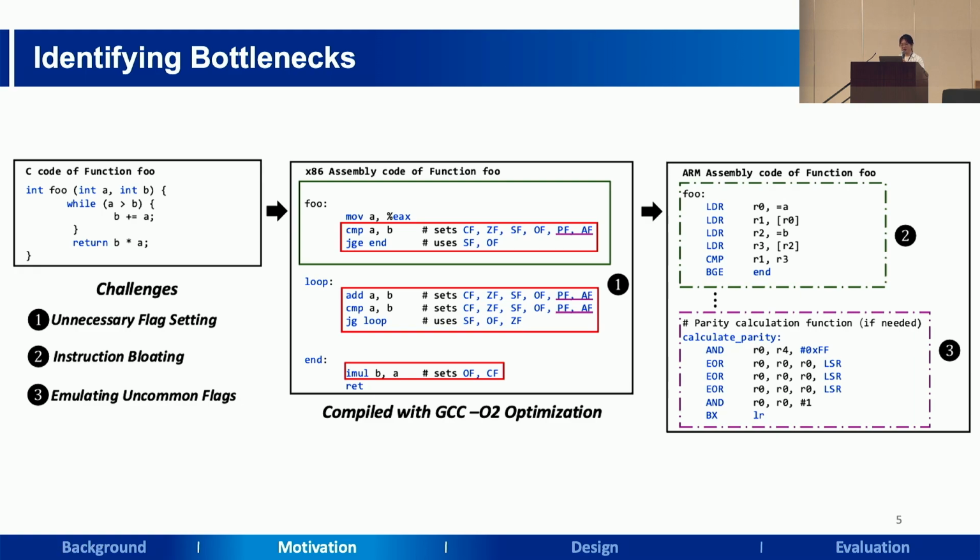This causes the code size to balloon, especially in tight loops. Third, some x86 flags like parity and auxiliary carry don't exist in ARM, so they require slower helper functions. These three factors, unnecessary updates, code expansion, and missing flag equivalents, make flag handling the main source of slowdown. Solving these issues is critical if we want both compatibility and near-native speed on ARM.